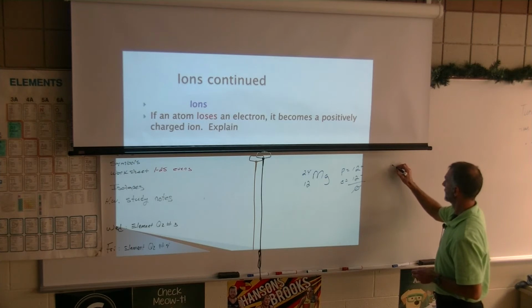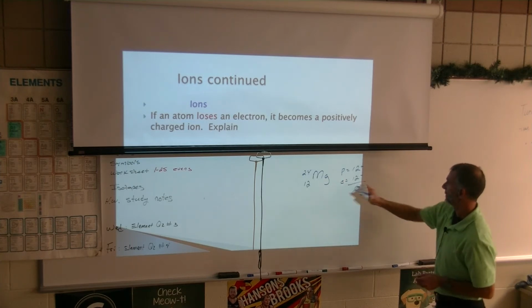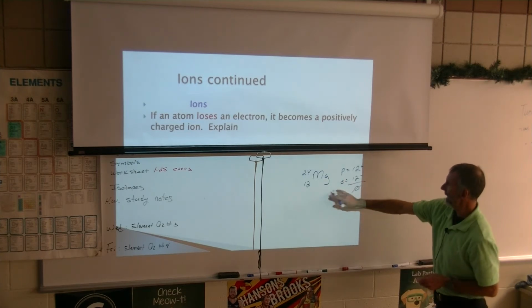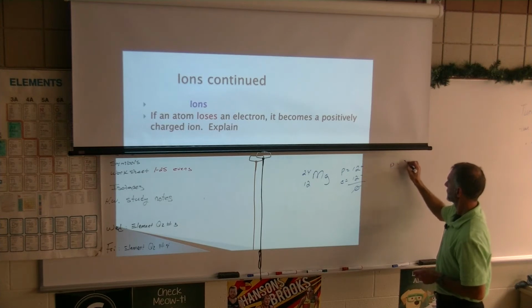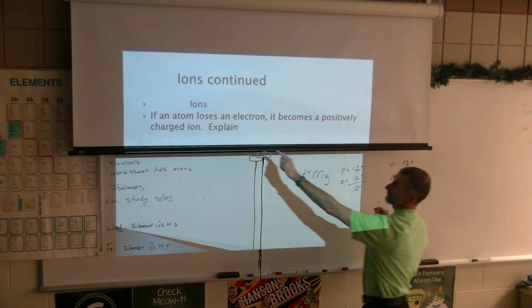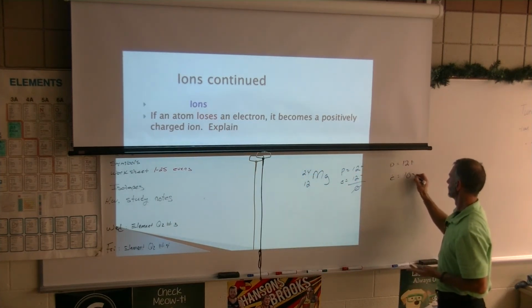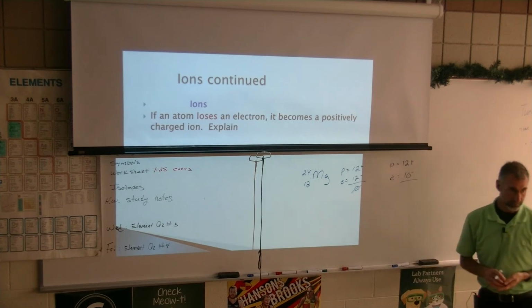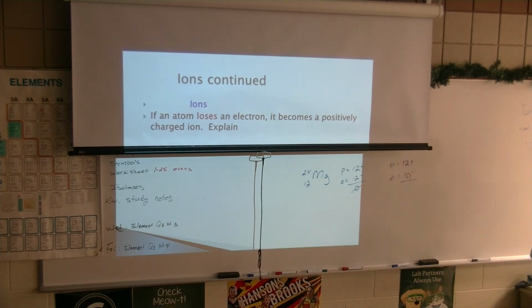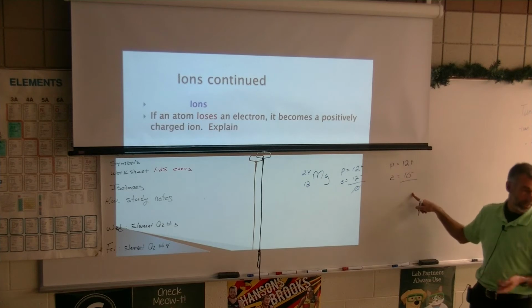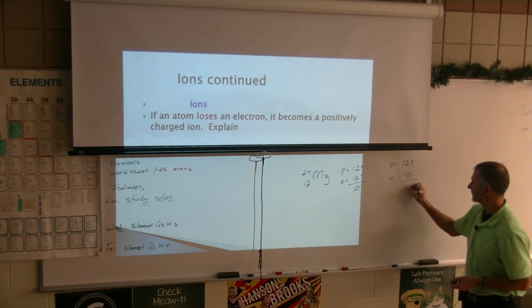So let's say that our magnesium atom still has 12 protons, but now it's going to lose 2 electrons. It's going to lose 2 electrons. What charge does our ion become? Positive, and becomes a 2 positive.